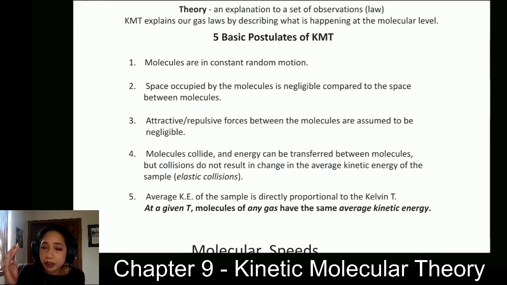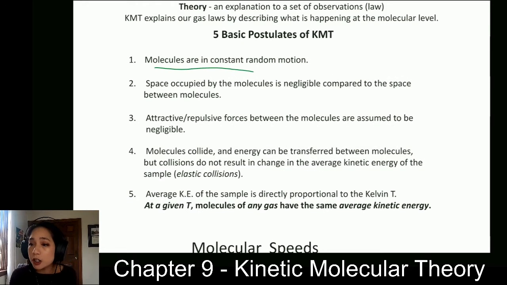The first assumption or postulate that we make about gases, so we can apply these assumptions to our ideal gas law, is that molecules in the gas phase are constantly in random motion. And the space occupied by the molecules themselves, remember when you have gas particles in a container, those molecules actually have a volume.